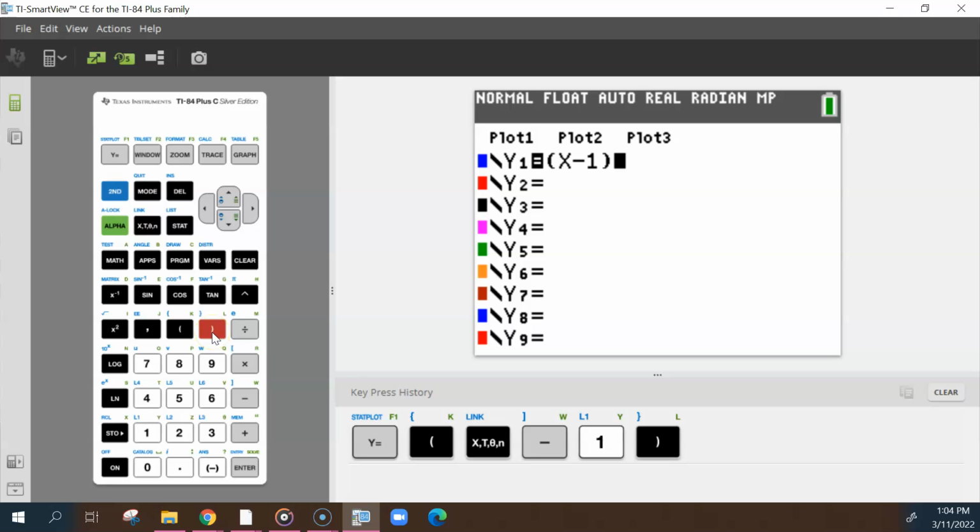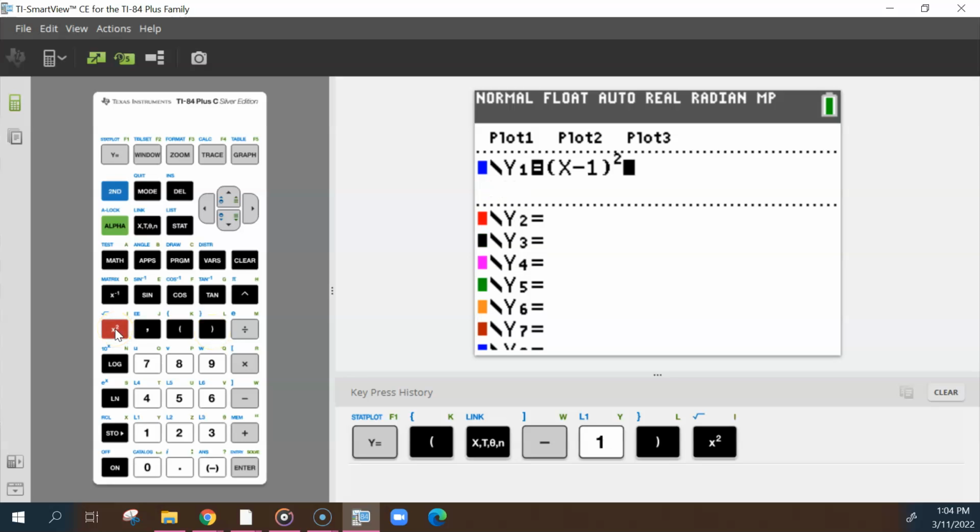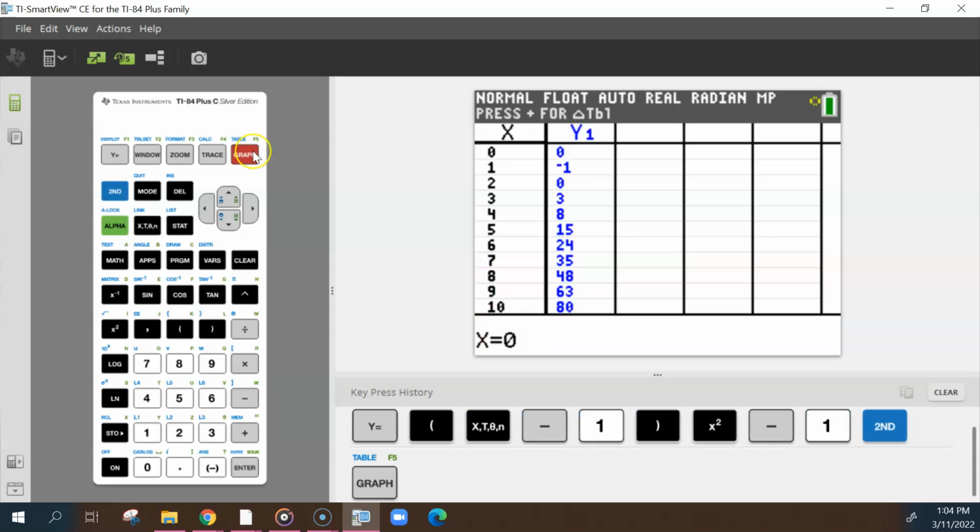Outside of those parentheses, hit square, and then minus 1. And then you would still go to your table the same way, second graph, and you would be looking around 1, negative 1. So that part has not changed. Just how we find the vertex is, if you're given something that looks like that. Second graph.